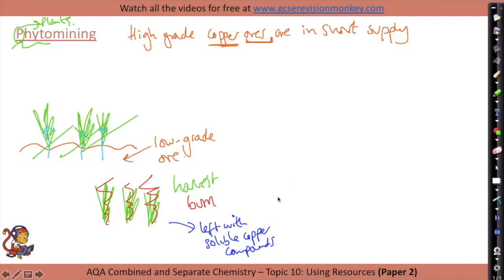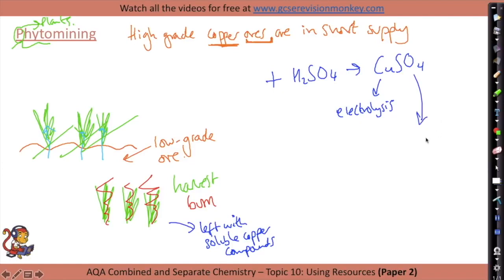Now there's a couple of things that you could do. You could, for example, add sulfuric acid to make copper sulfate, and then you could do electrolysis, or you could do displacement with scrap iron, so another way that you could recycle iron. So in electrolysis, that will obviously involve a little bit of energy to extract the copper, but you could do it that way.